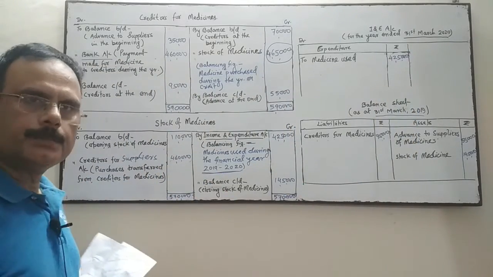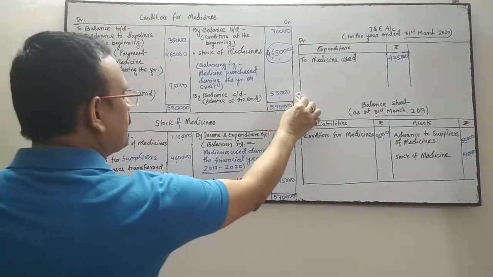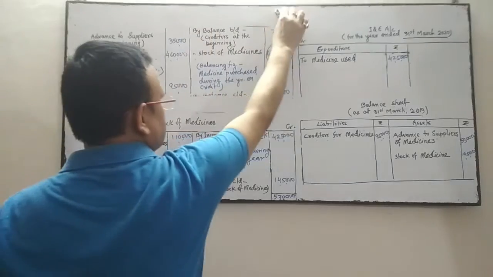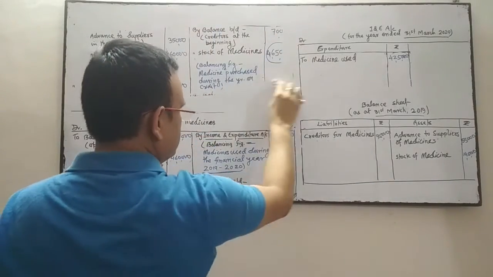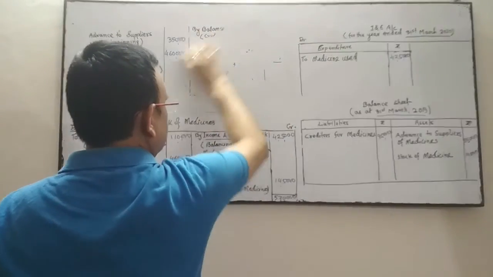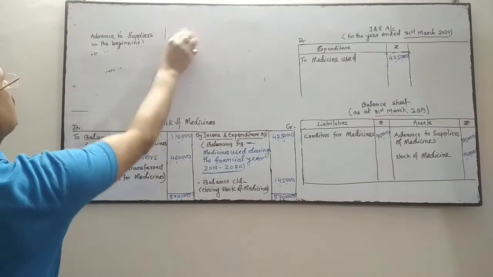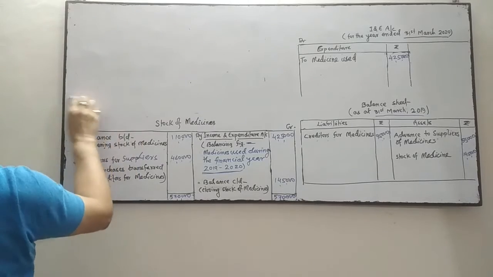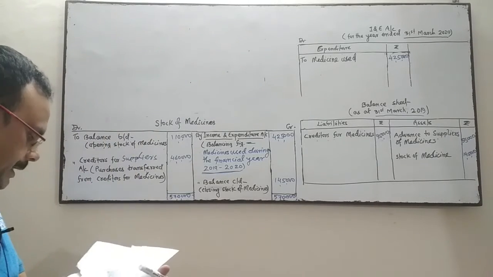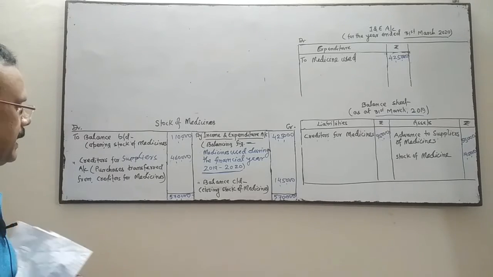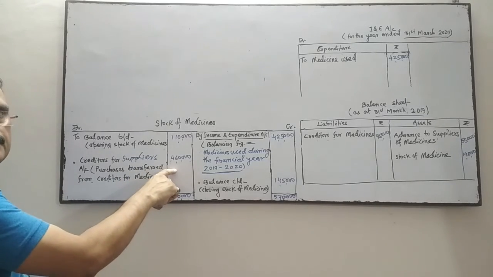So in question number 2, there is no need to prepare this ledger, because the information regarding the purchase of medicine during the year has been given directly.